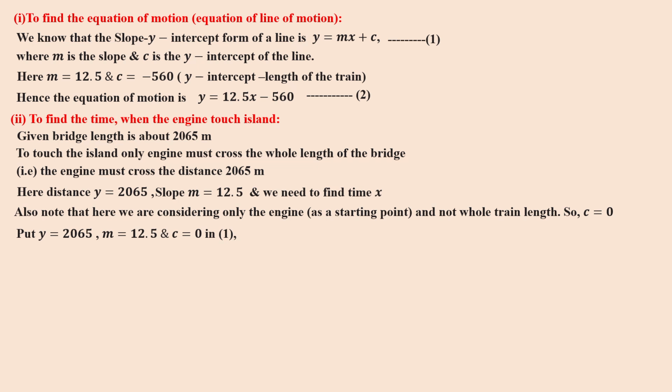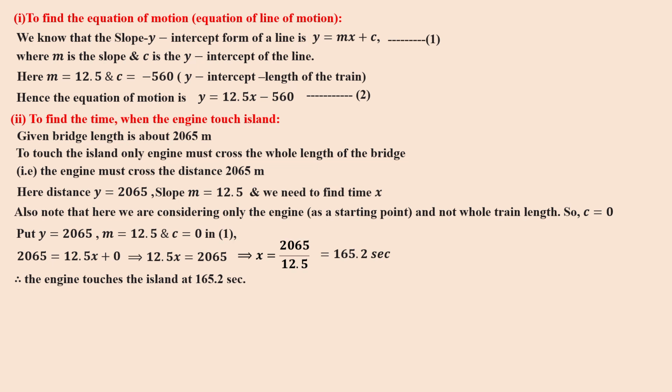So y is equal to 2065, m is equal to 12.5 and c is equal to 0 in equation number 1, the slope y-intercept form. So 2065 equals 12.5x plus 0, so x is equal to 2065 by 12.5, that is 165.2 seconds. Exactly at 165.2 seconds, the engine touches the island.